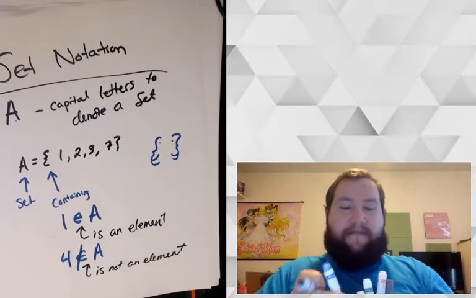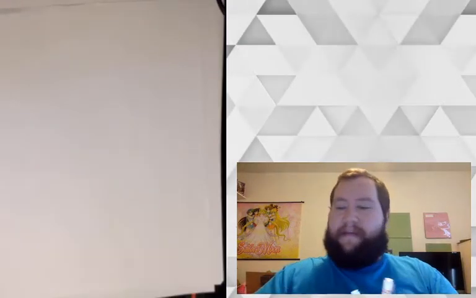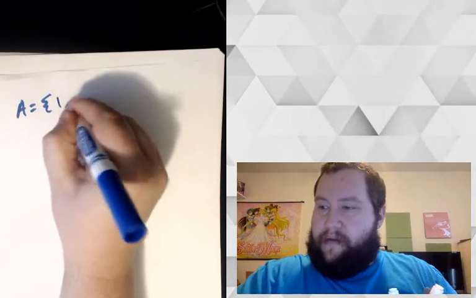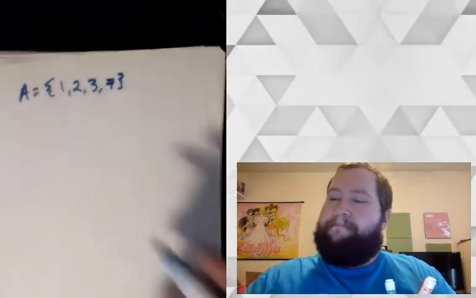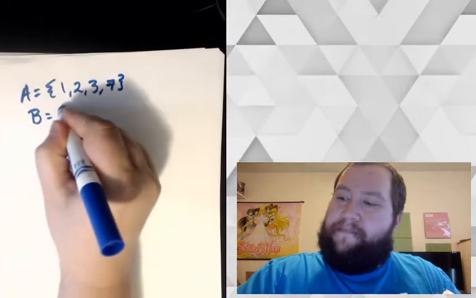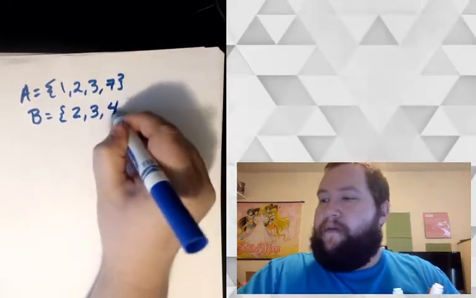And then we have just a couple more notations. So I'm going to rewrite my set A. A is 1, 2, 3, and 7. And suppose B is 2, 3, 4.